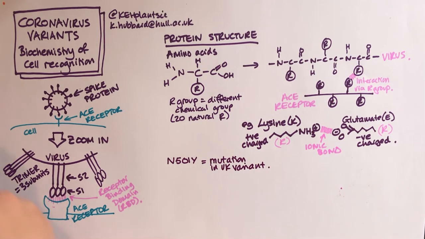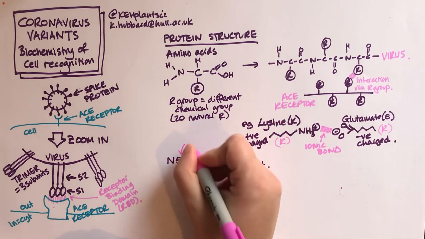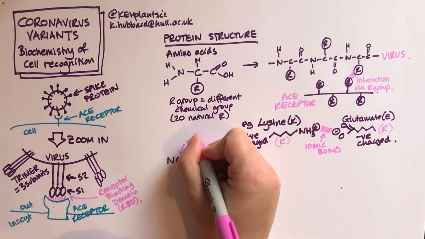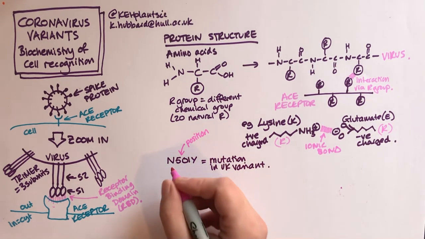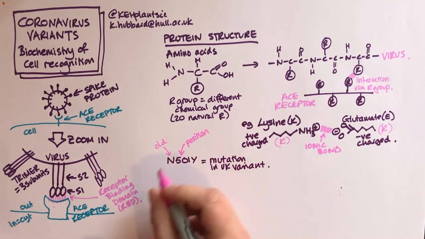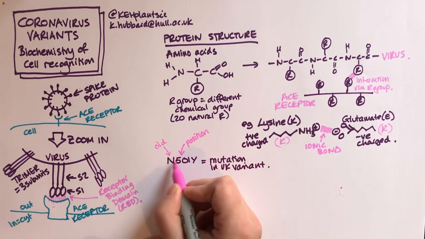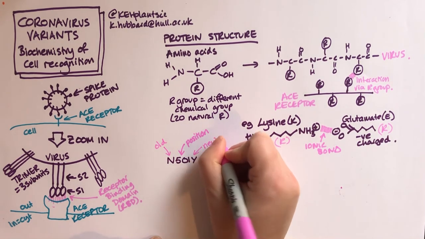What this means is at position 501, the 501st amino acid of the protein, there has been a change from an old amino acid. In the old version, it was one particular amino acid with a particular R group, and it's been replaced with a new one.